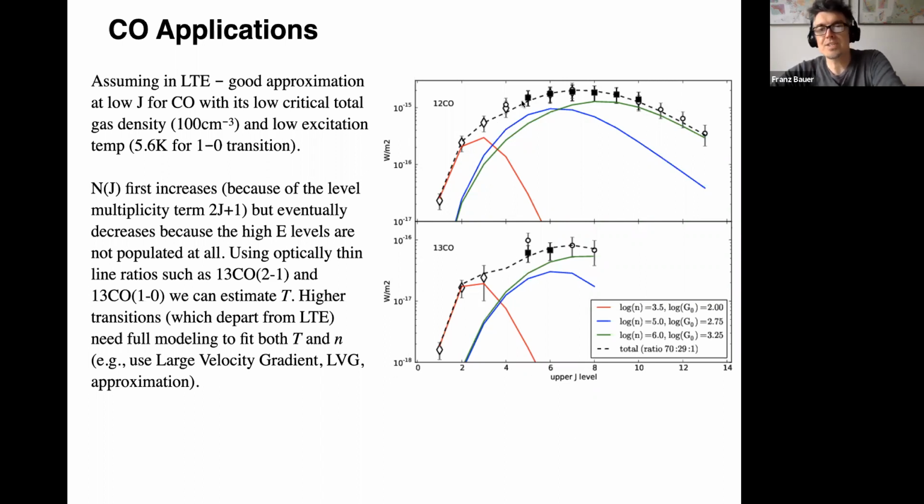And so you can do this both for the 12CO, which might be somewhat optically thick, and for 13CO. If you have some knowledge of the abundance ratio, the isotope ratio, you should be able to pick out exactly what's going on and model this as a couple of different density components.